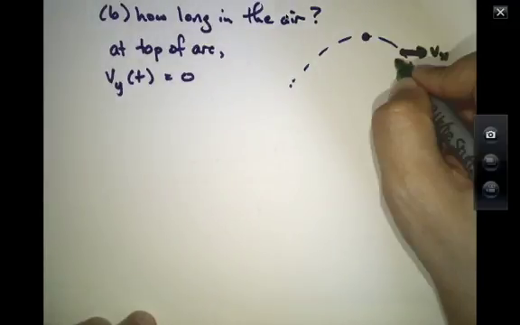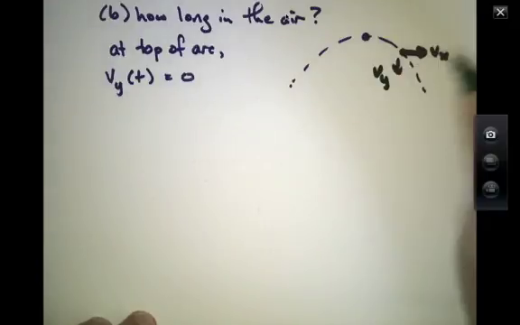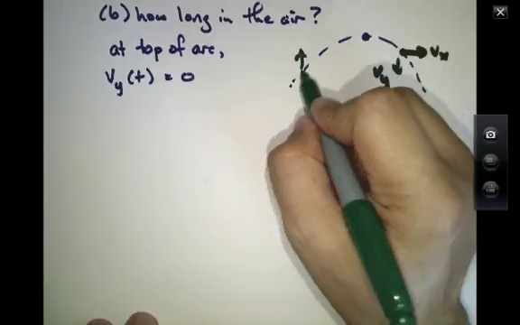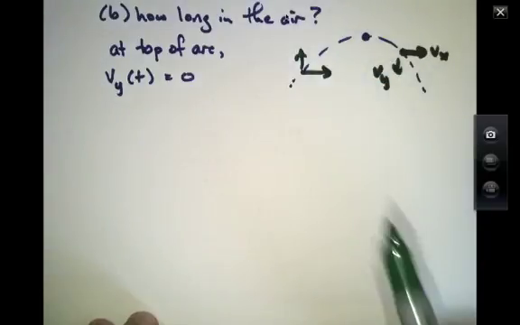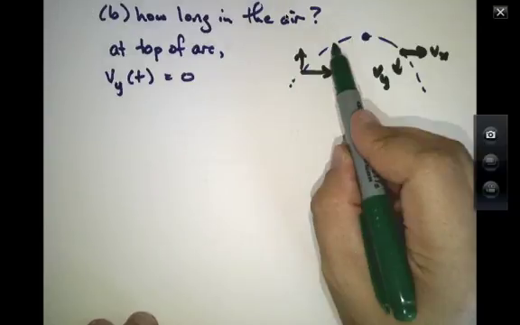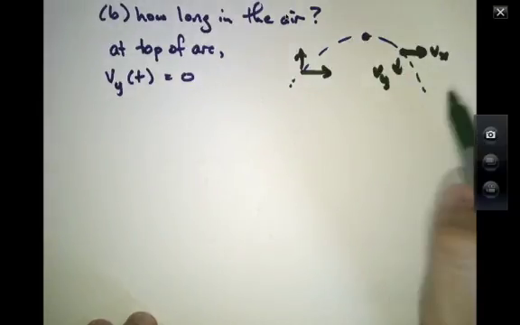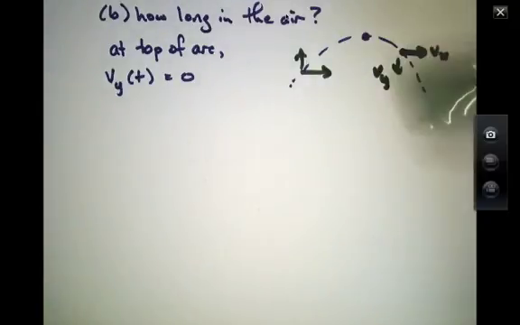This is Vx. This is Vy. Initially, Vy is positive, and Vx is up to the side like that. And Vy is shrinking as we go up the arc, and then eventually getting bigger and bigger as we go down the arc again, but in the opposite direction. At this particular moment, Vy is actually equal to 0.